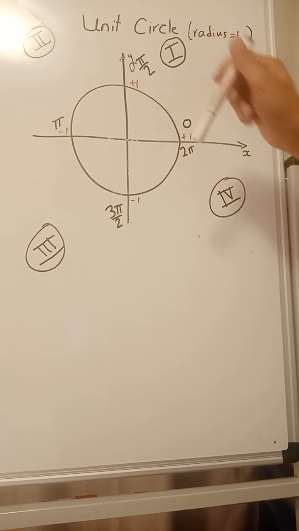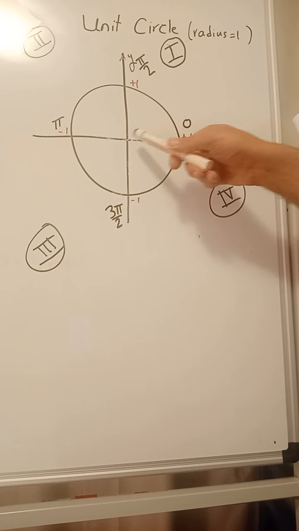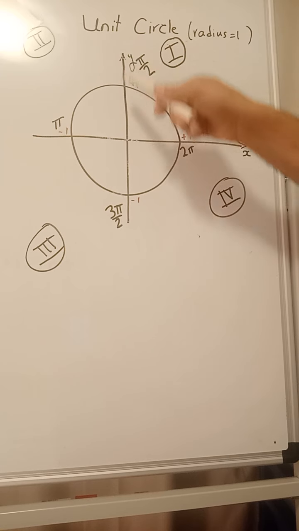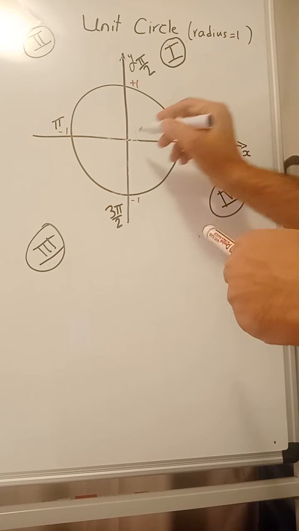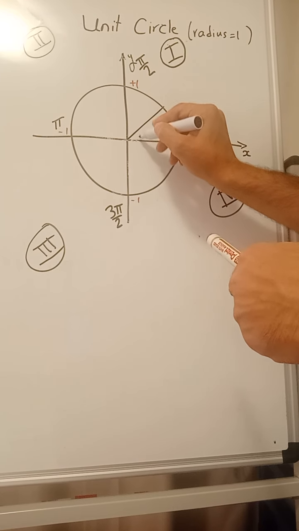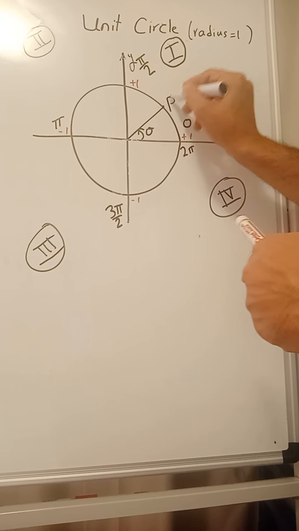Now, in the first quadrant, the x-axis here is positive and the y-axis is positive. X is cosine and y is sine of theta. Let's say we have an angle theta in the first quadrant, the point P here.